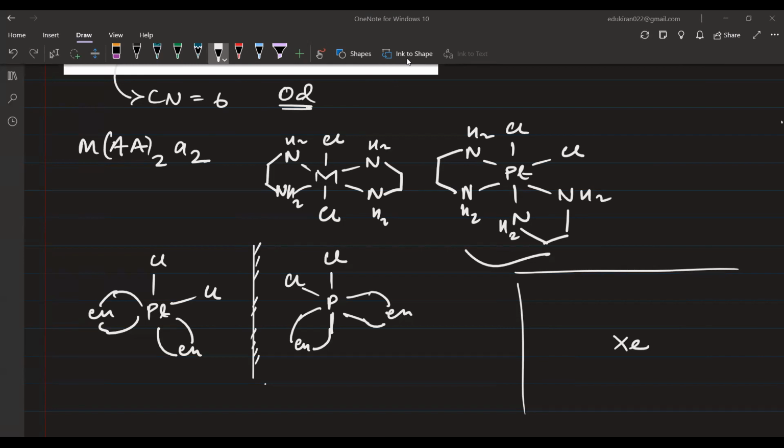Which group will xenon be in? We are asking the group. You should remember the periodic table. So xenon is in the 18th group. Okay, it is a noble gas. Now it will have how many valence electrons?